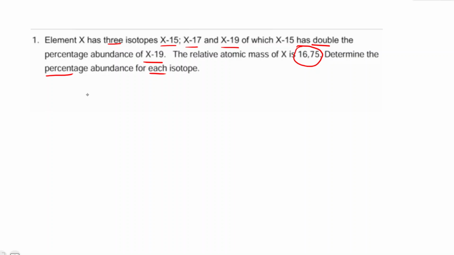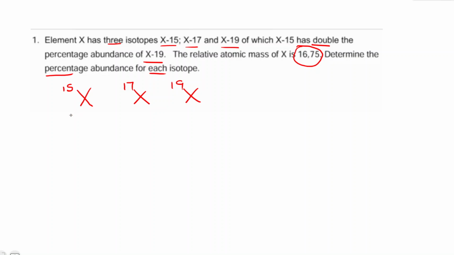So here we have 3 isotopes. Let's draw these isotopes. We have X15, we have X17, we have X19. These are the mass numbers of these. Remember, isotopes are elements with the same atomic number but different mass number.